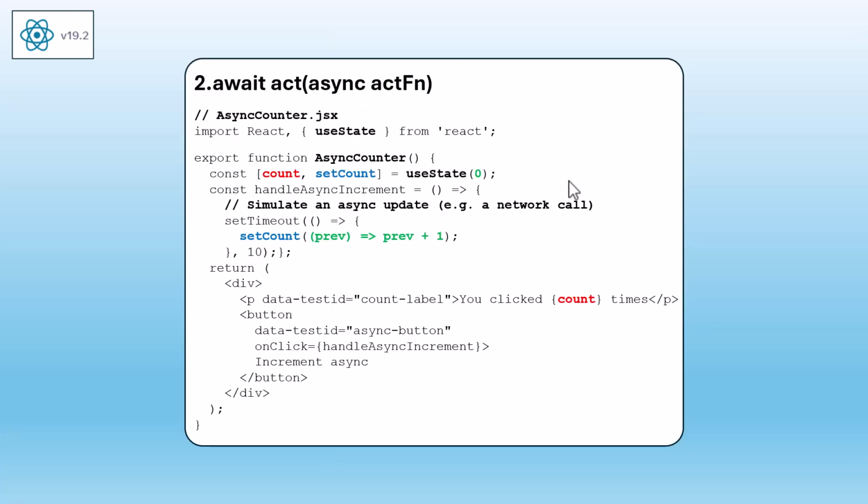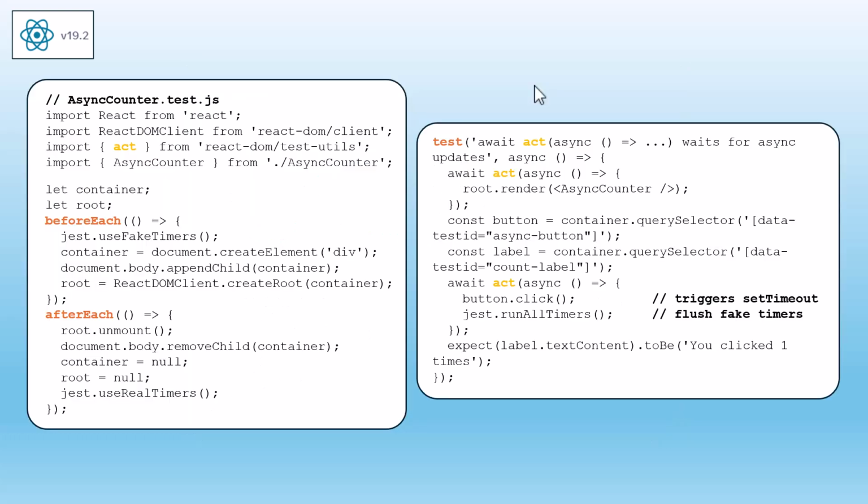2. Await Act, async Act fn. When we prepare a component for testing, we wrap its rendering and any subsequent interactions inside an awaited Act call. By awaiting it, we ensure that React completes all relevant work triggered during that interaction. This makes our tests behave more like they would in a real browser environment, where updates settle before the user sees the result.